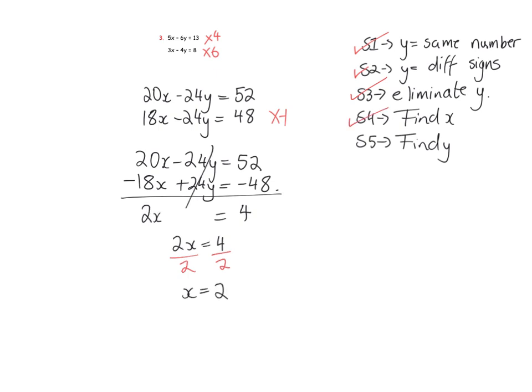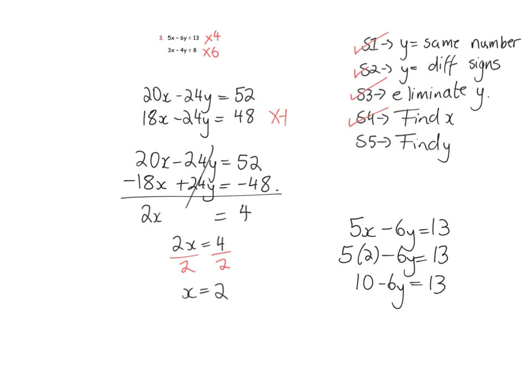So that's finding x. Then we get the equation from the top. So we have 5x minus 6y is equal to 13. We replace x with 2, and we can figure out what that is. So 5 by 2 gives us 10. Minus 6y is equal to 13. What we'll do then is get y by itself.